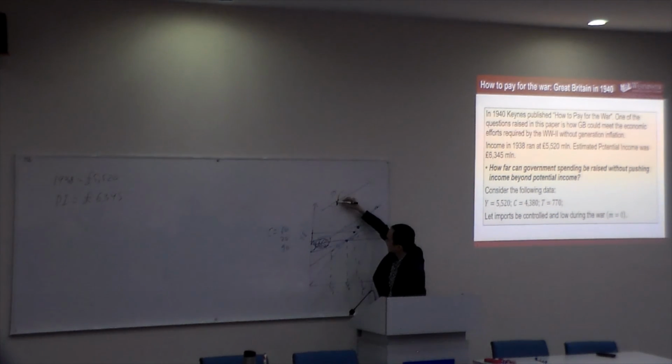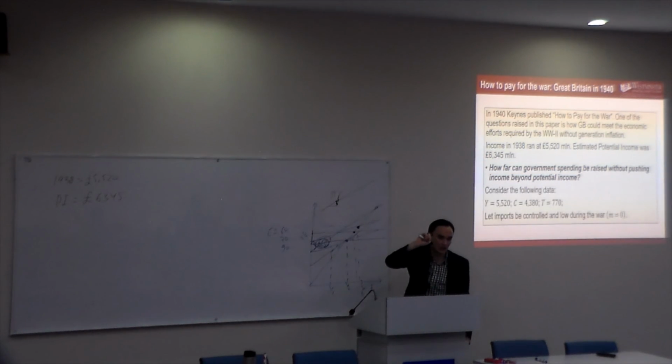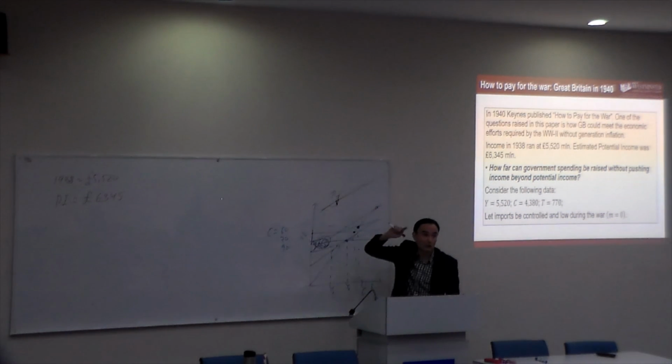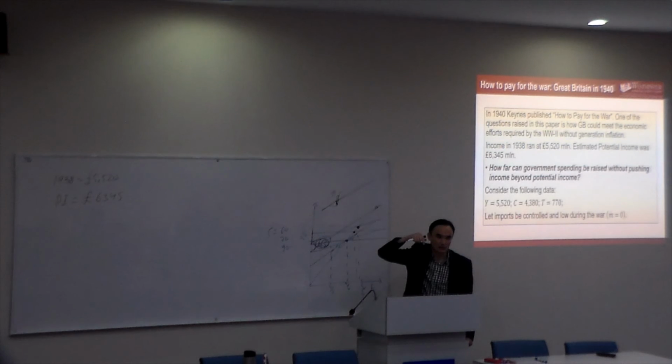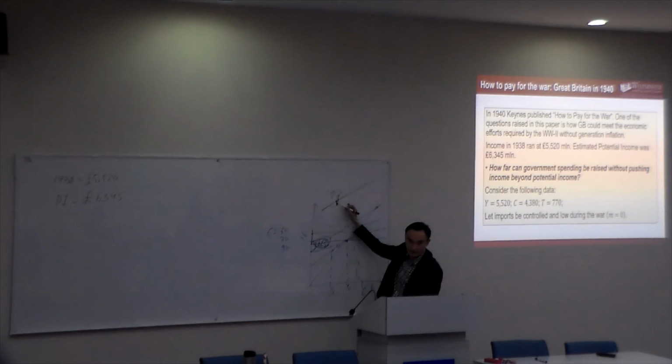It did not reach this level yet. So if the economy reaches this level, it is not going to experience inflation at this point. But if it's going to be higher than this one, then it will lead to inflation. Okay? So now they were planning, the economy was somewhere here.